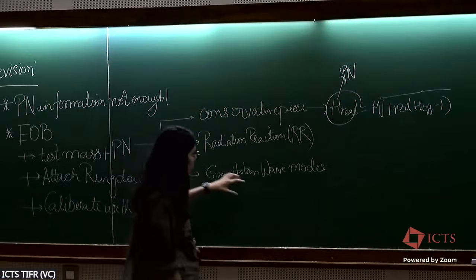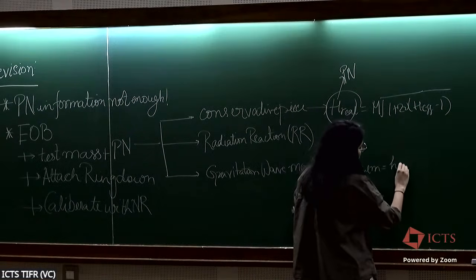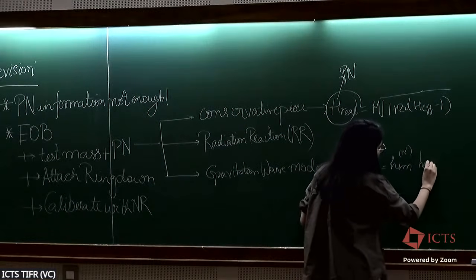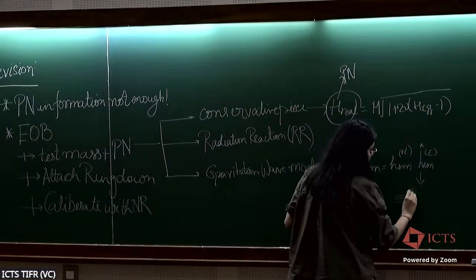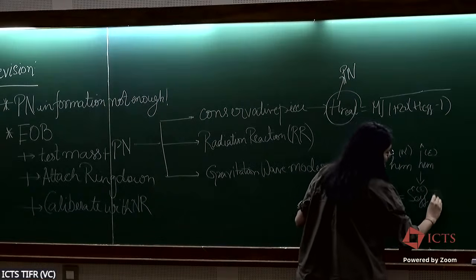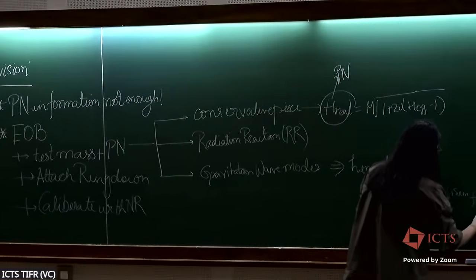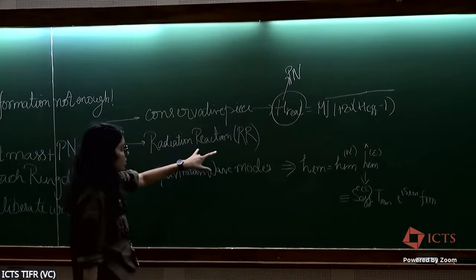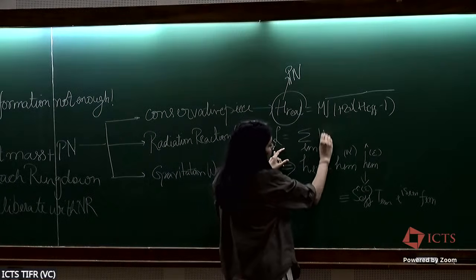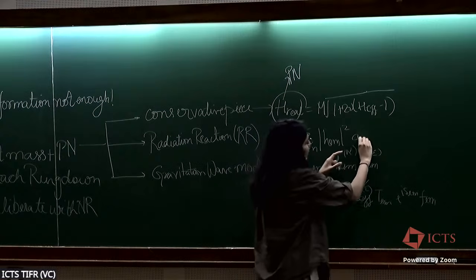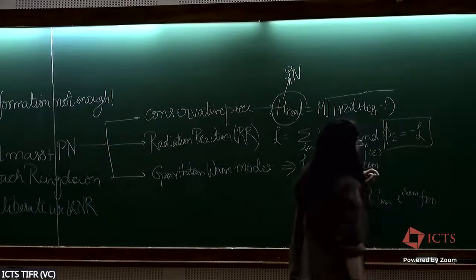And we said that if we resum the gravitational wave modes as a multiplicative decomposition, like this, we should be able to obtain the radiation reaction force as well, because luminosity is nothing but the energy flux, which is related to luminosity like this.